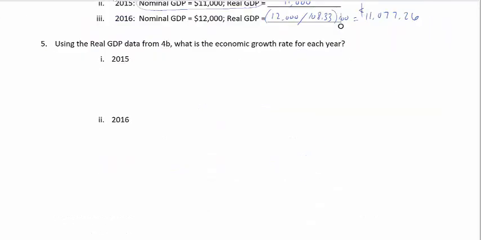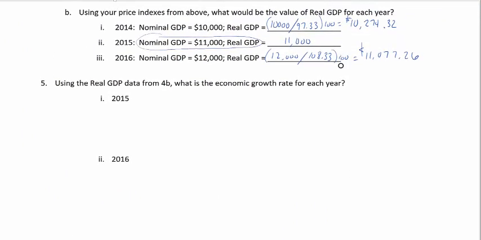Alright, the economic growth rate for each year. For 2015, we're going to take the real GDP for 2015 and subtract the real GDP for 2014. Then we divide by the GDP from 2014 and multiply by 100. That'll give us our economic growth rate.